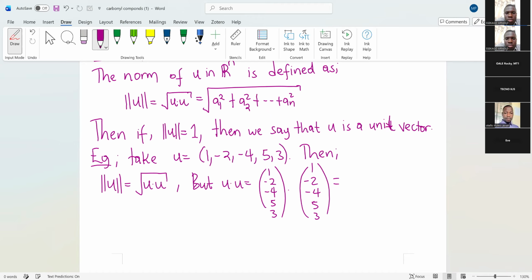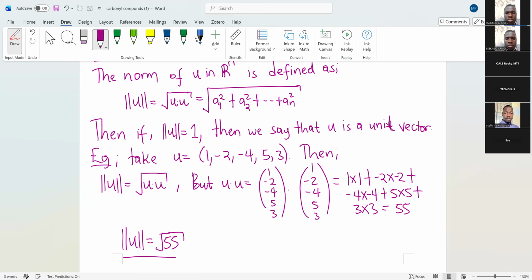And if you dot that, this is 1 times 1 plus -2 times -2 plus -4 times -4 plus 5 times 5 plus 3 times 3. And this is equal to 55. Therefore, substituting 55 back, the norm of U will be square root of 55.